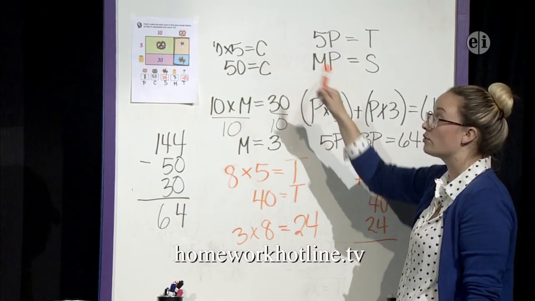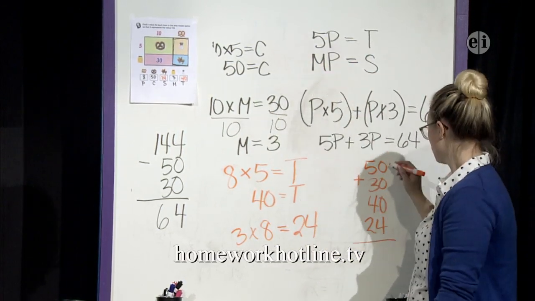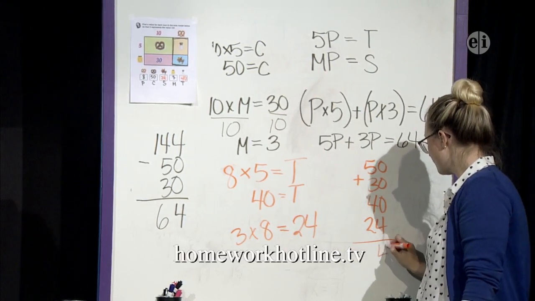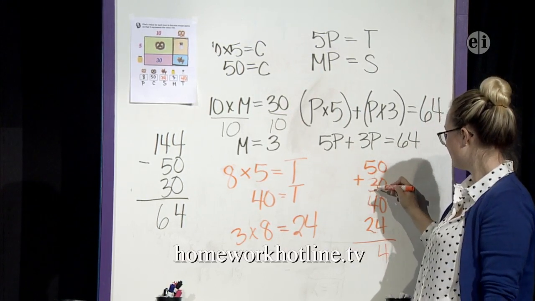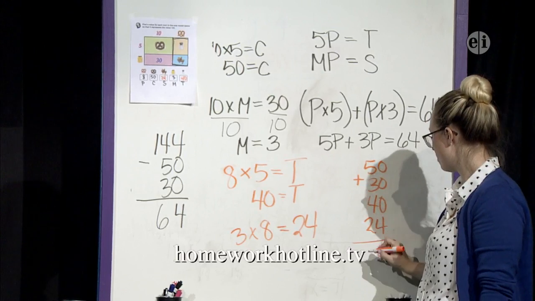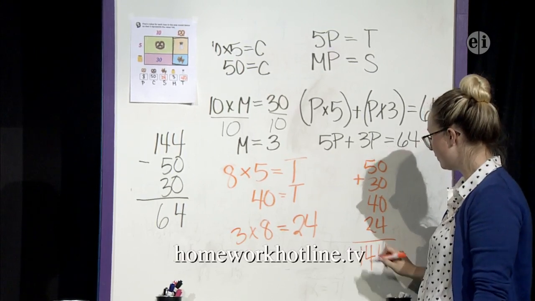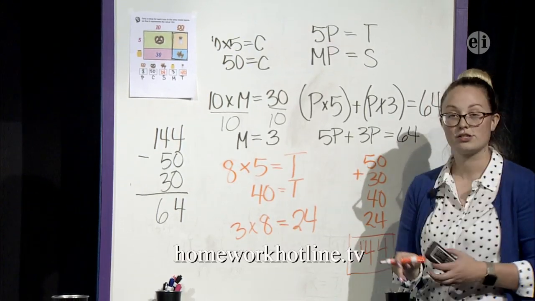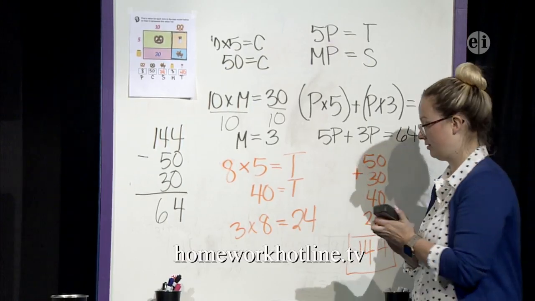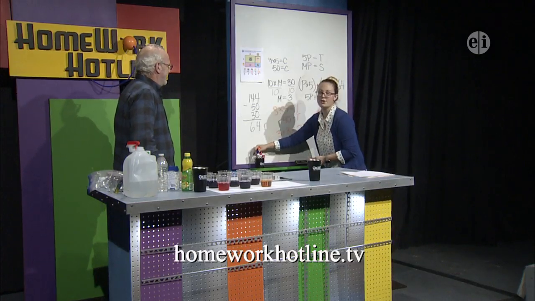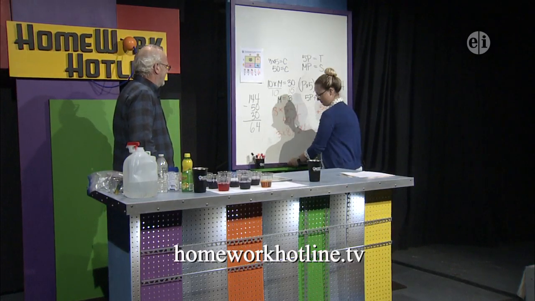All of this should equal 144. So we have 0 and 4, 5, 6, 7, 8, 10, 14. 144. So it's all good. If not, you have to erase it and start over.